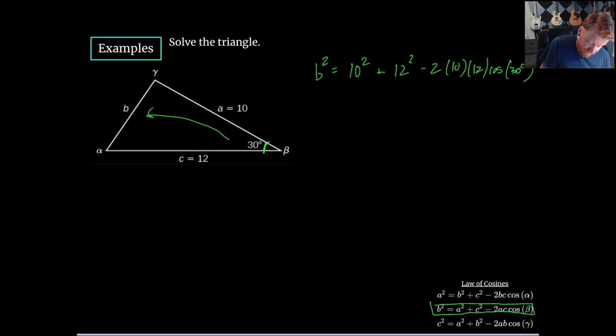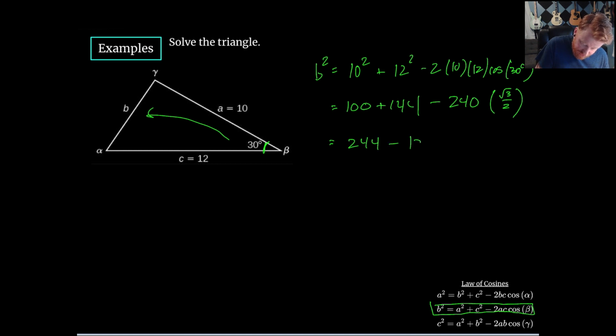So as we keep working this out, we're going to get 100 plus 144 minus 2 times 12 is 24 times 10. That's going to be 240. The cosine of 30 degrees is square root of 3 over 2. So we're looking at 244 minus 120 times the square root of 3, since I'm doing 240 divided by 2 times the square root of 3. And that's b squared.